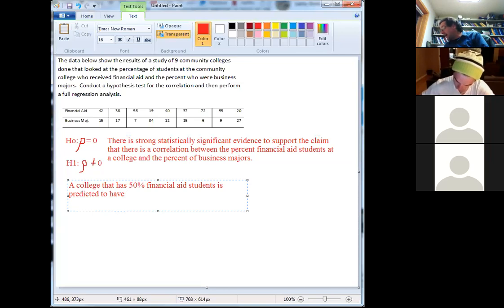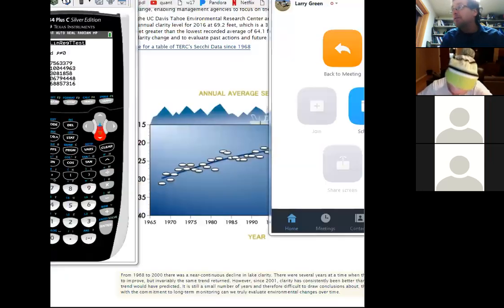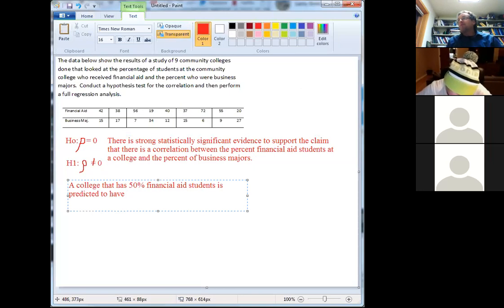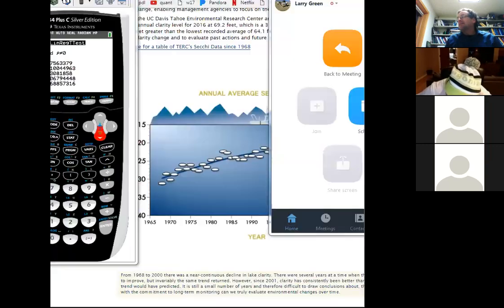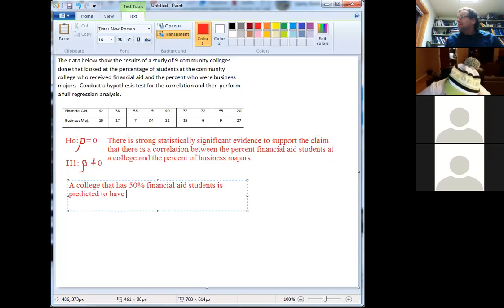Well, we know that a was 37, b was negative 0.5, so it'd be 37 minus 0.5 times 50, which is 37 minus 25, or 12. 12% business majors.